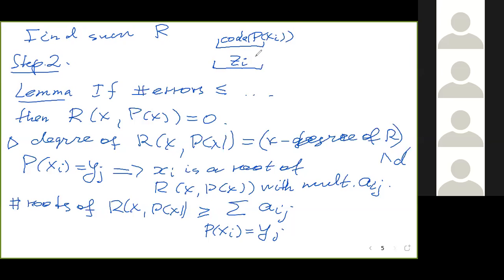And the total number of errors is equal to the sum of the distances between the received block and the code of p(xi), where the sum is over all i in the field.